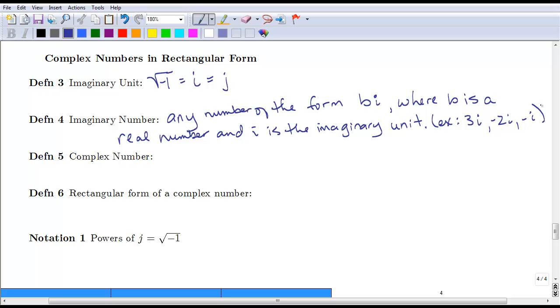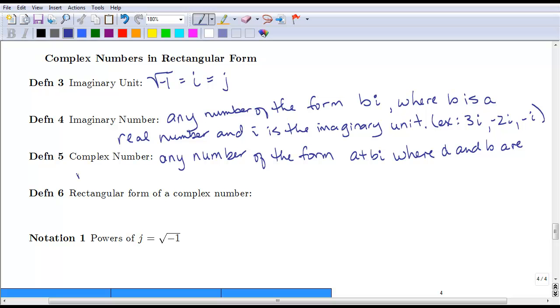Now when we add another term in there, when we add a real number to an imaginary number, we get what's called a complex number. So a complex number is any number of the form a plus bi, where a and b are real numbers.